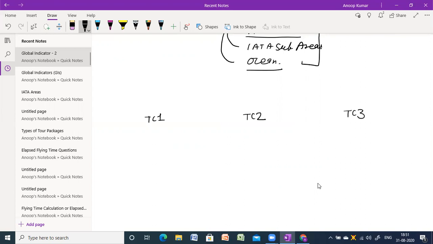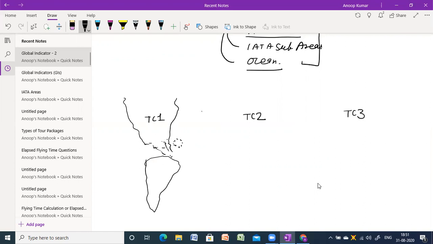TC1 consists of the Americas. I will make a rough map of the Americas, and here is basically the American sector. This is North America, then Central America, and then here are the Caribbean islands. And this is a rough map, not the exact map.